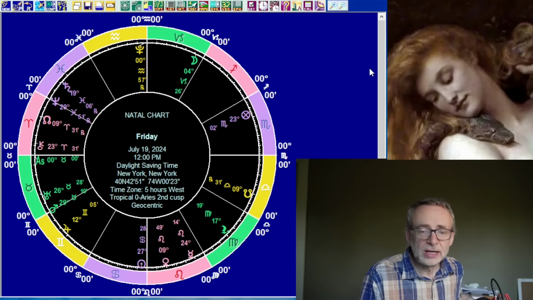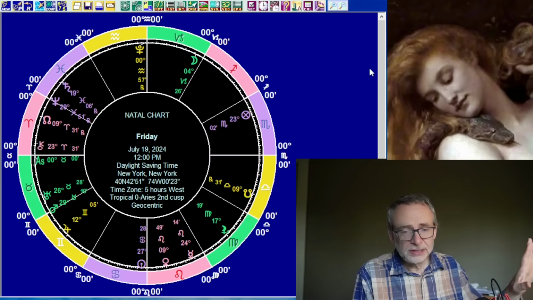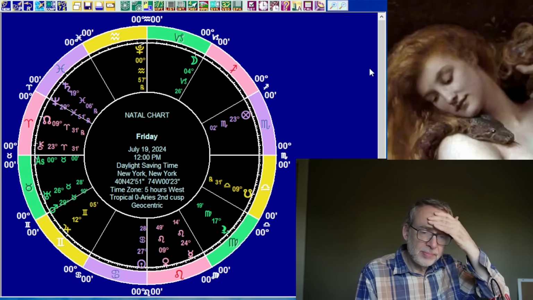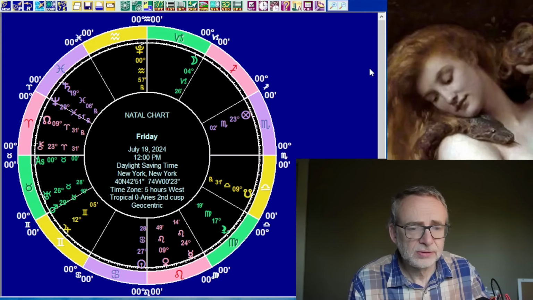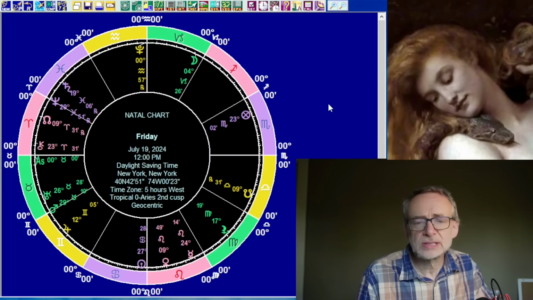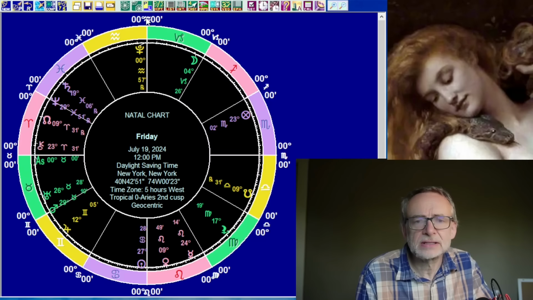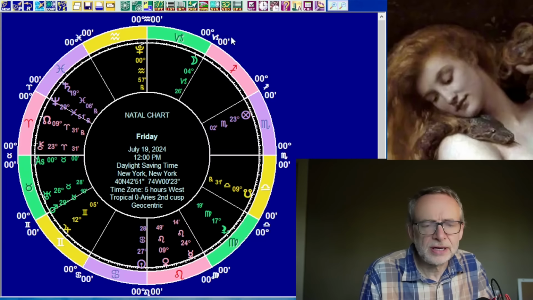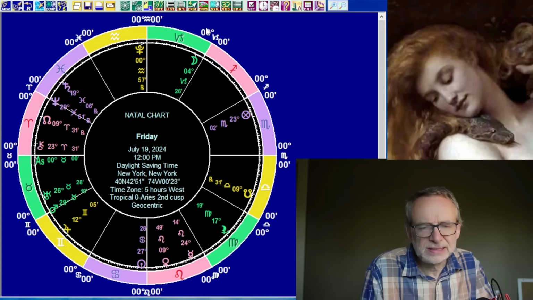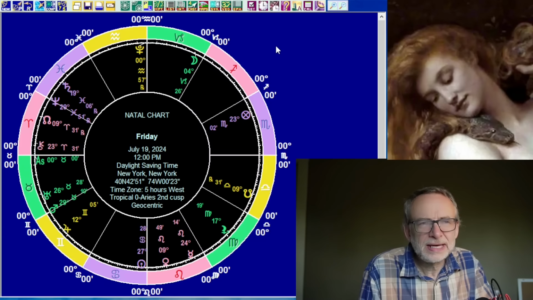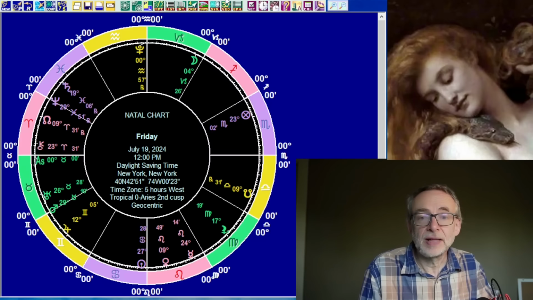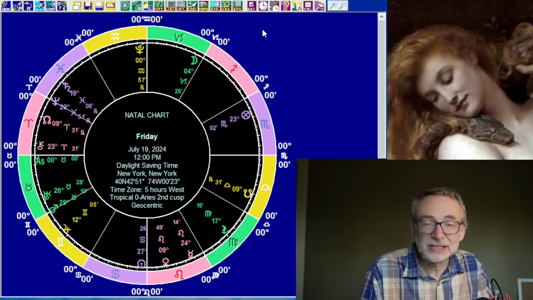Gemini. Well, I should point out, by the way, that Mars is very close to entering your sign. I think over the weekend Mars goes into Gemini. It's not there yet, but I think you're beginning to feel it. You're beginning to feel that there is a new energy coming into your life.